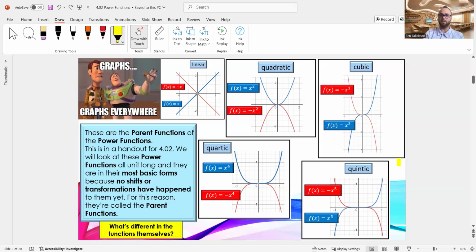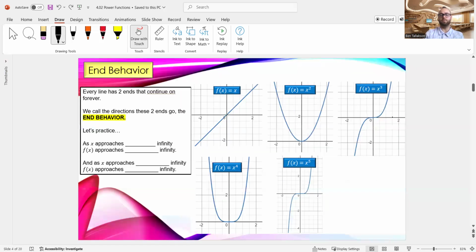Obviously not, right? So that's why the parent functions are so important, because we start with them and then we make changes and we can connect the two and see, did I make the correct transformations based off what the function gave me?